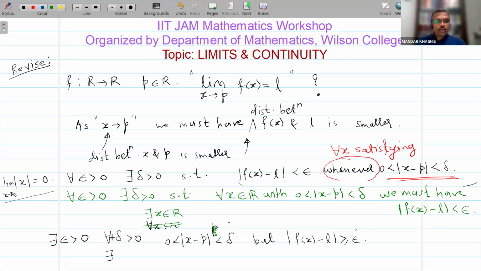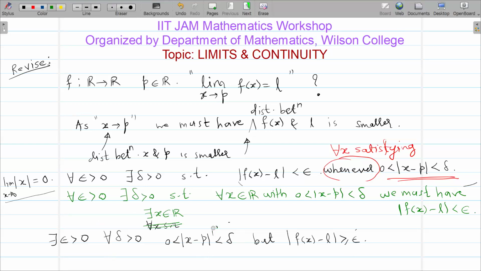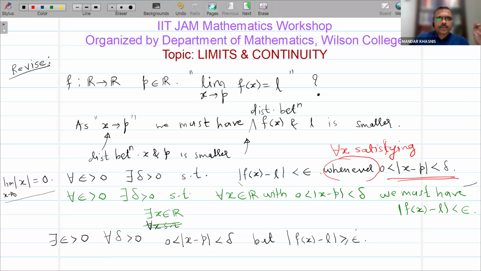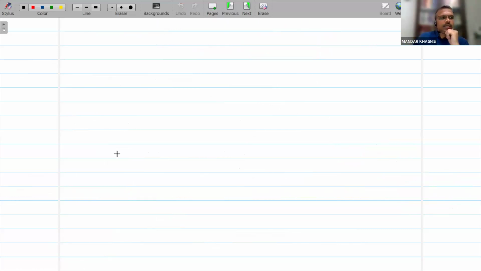That's what we mean by no delta works. Is this point clear to all what I'm saying? Yes. Sir, that is again something which one needs to understand, and people miss it out in a hurry. Fine. Now, I think we have devoted enough time to this.